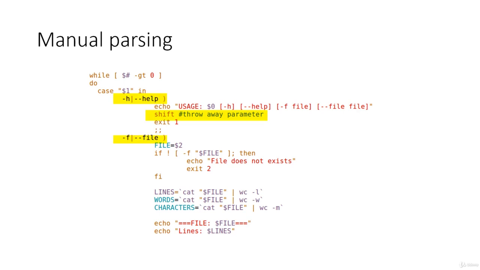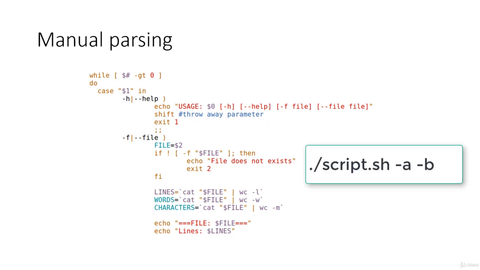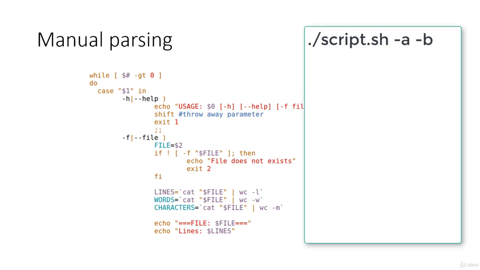If another functionality is needed, we would need to write it by ourselves. For example, take a look at this. Imagine you created your script with positional parameters a and b. If the user specifies parameter a, the script would print the message hello, and if the user specifies parameter b, the script would print the message hi. So now you would see printed hello hi.